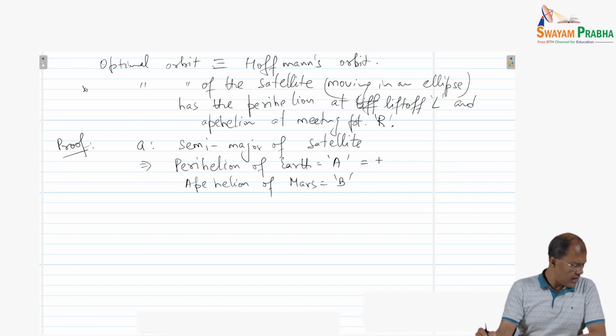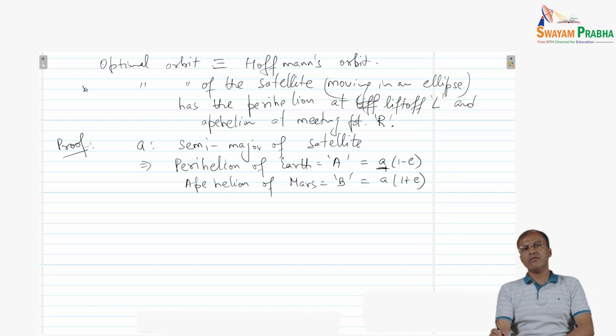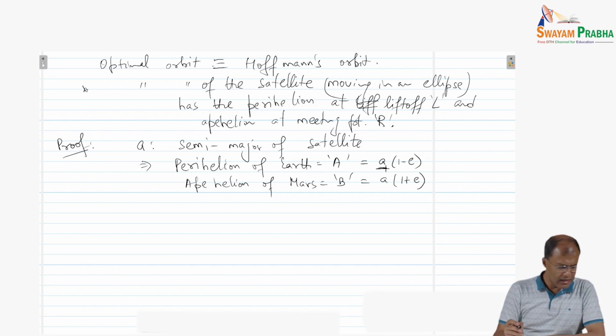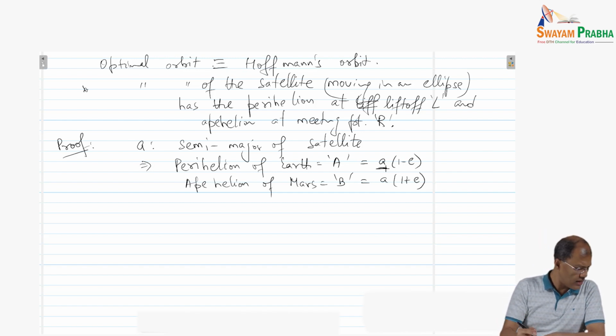This is going to be a equal to A times 1 minus e, and b is going to be A times 1 plus e. Why? Because A is the semi-major axis of the motion of the satellite. And now let us consider a two impulse motion for the satellite.